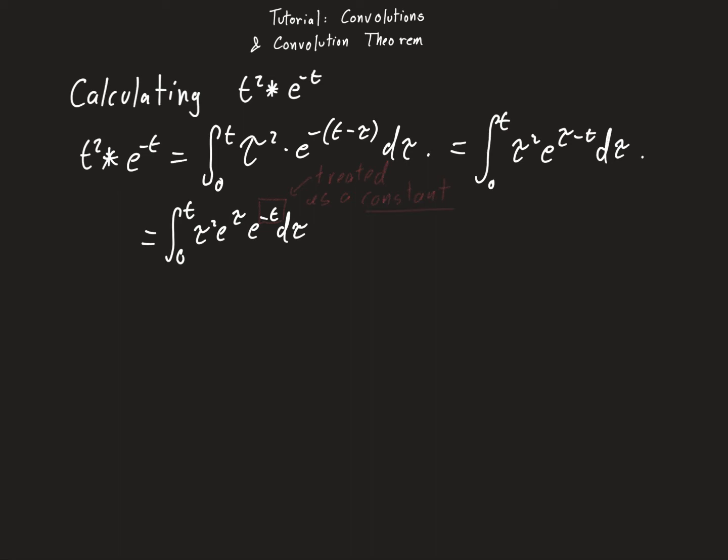And if t is a constant, that means that e to the negative t is itself also a constant. And what can we do with constant multipliers inside of integrals? Well, we can pull them out. In other words, we can pull e to the negative t out of this integral from 0 to t, which leaves us with tau squared times e to the tau d tau.